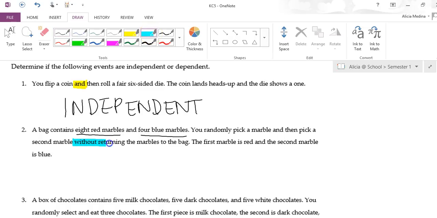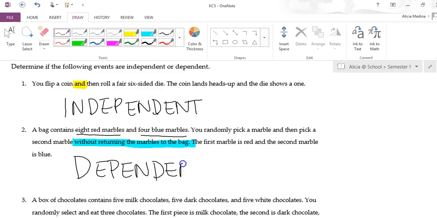So you take the second one without putting the first one back. So without returning here is going to change our outcome, because the second time we pick, we have one less marble to choose from. So this is why this event is going to be dependent, because whatever I pick first, that's definitely going to affect what I get second, because I'm not putting that first marble back in my bag of marbles.